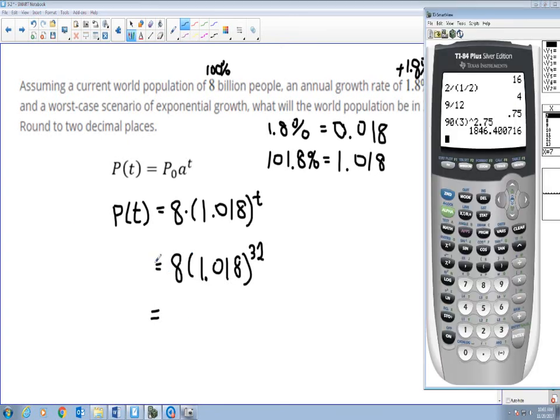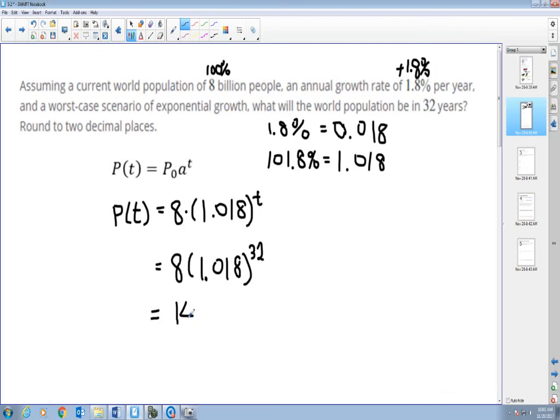I don't have to add another 8 billion. 8 times 1.018 raised to the 32 power. Okay, round to 2 decimal places. So that'll be 14.16 billion people.